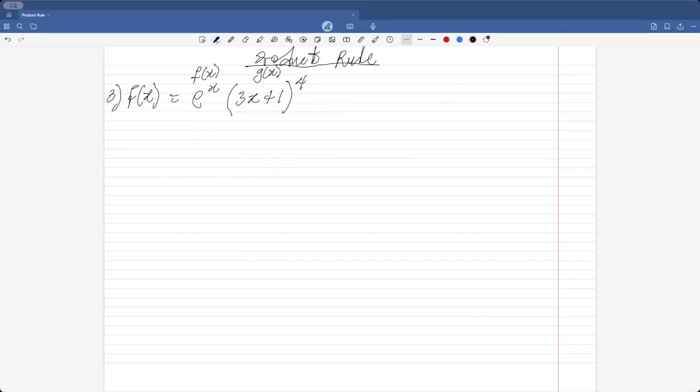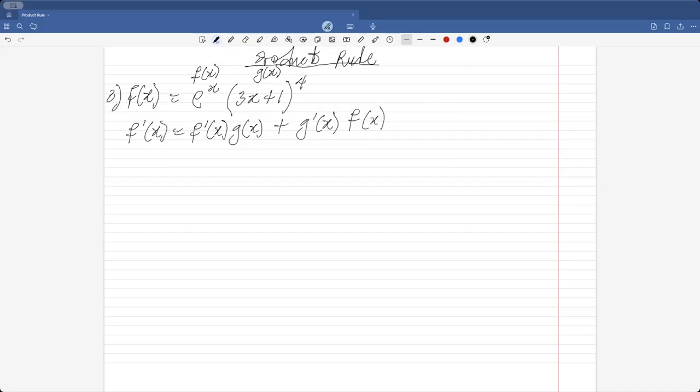So our formula, which is f prime x equals f prime x g(x) plus g prime x f(x), is what we will follow.